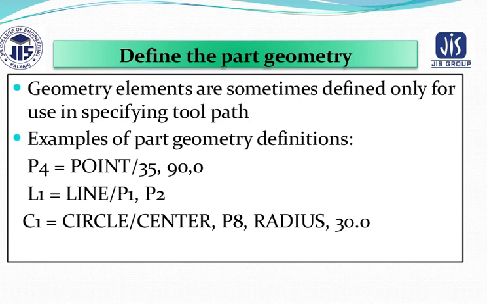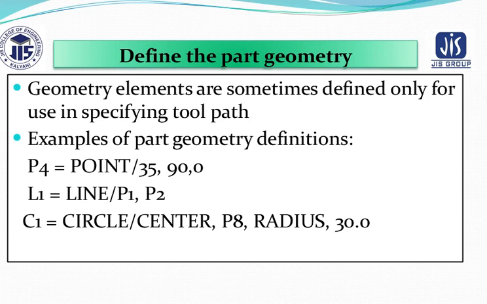Next we will be talking about the geometrical statement. As we have seen here, the geometrical statement basically defines the geometry of the tool movement with reference to the work part. The starting of this statement is defining points by the point statement.